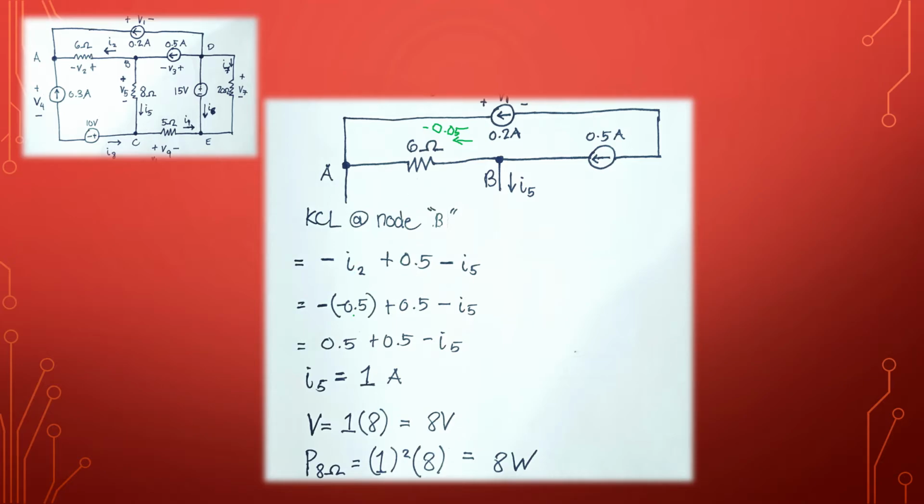So negative 0.5 plus 0.5 amperes going into our node B, minus I5. I5 is leaving node B, moving away from node B. We solve that and we get the value for I5, which is 1 ampere.